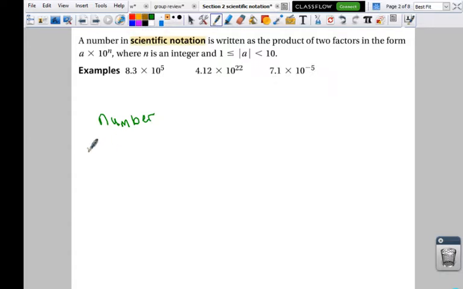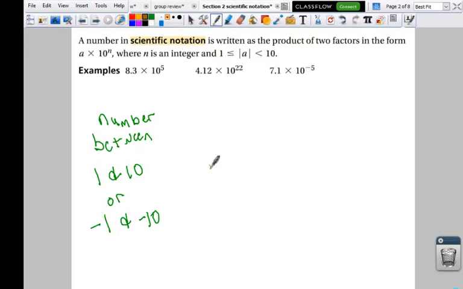It could also be between -1 and -10. It doesn't really matter as long as the actual number is between 1 and 10. So scientific notation always starts out with that.